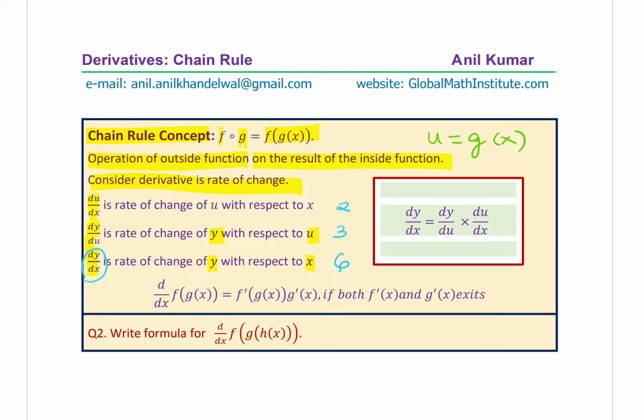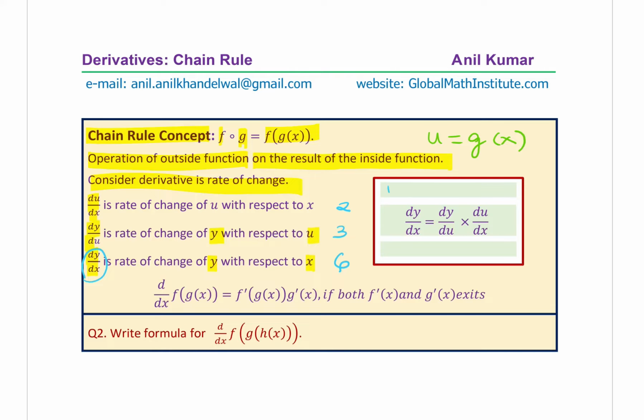If the inside function increases by a factor of 2 and the outside function by 3, the net result is they get multiplied and you get 6. That is the logic behind dy dx being dy du times du dx, and that becomes the formula for the chain rule, right?